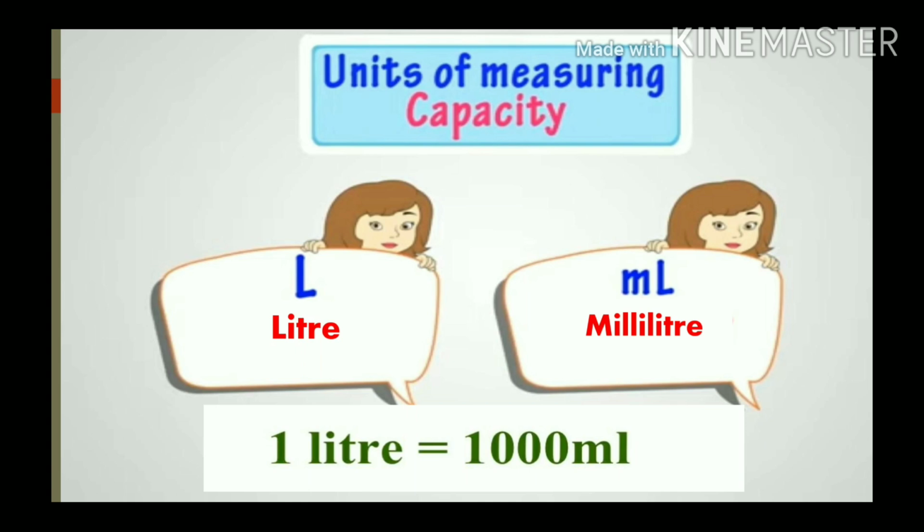We also know that 1 liter is equal to 1000 milliliters. So students, liter is used to measure more capacity and milliliter is used to measure less capacity. Hope you have understood the concept of liter and milliliter.